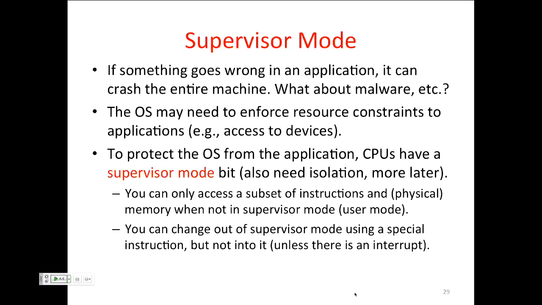The application runs. After 10 milliseconds, you get an interrupt. It jumps back into supervisor mode, and the supervisor mode can say, okay, I want to run the application a bit more, and jump back into the application. Or it can say, no, I want to stop running this application. I'm just going to jump somewhere else.